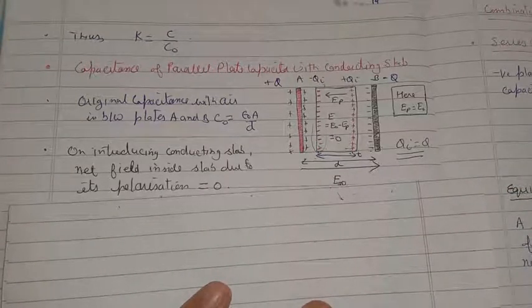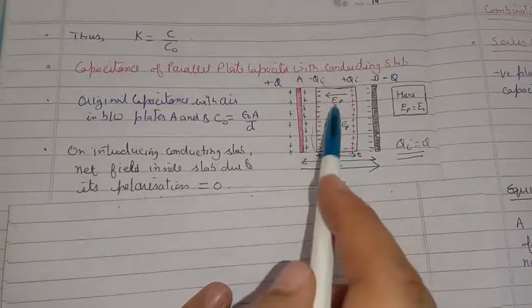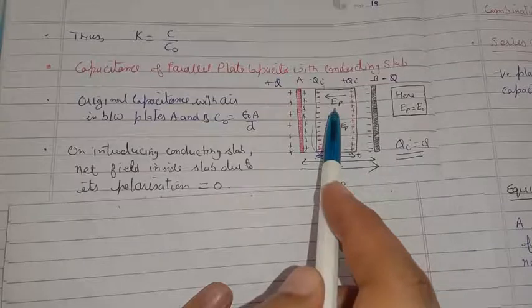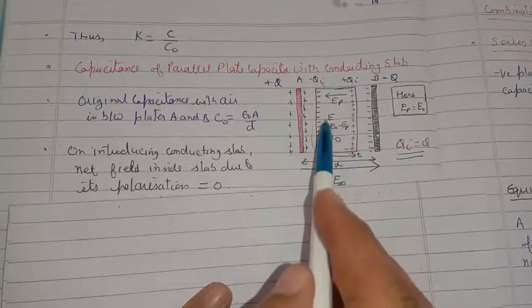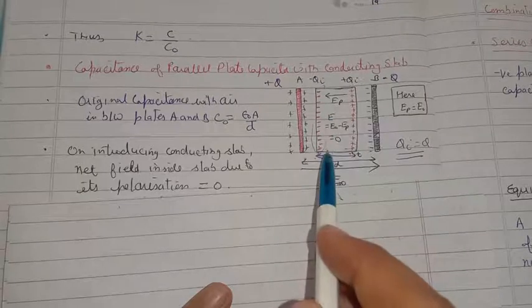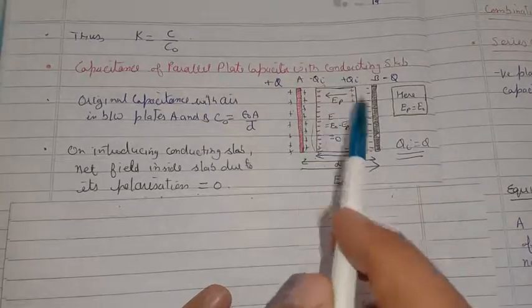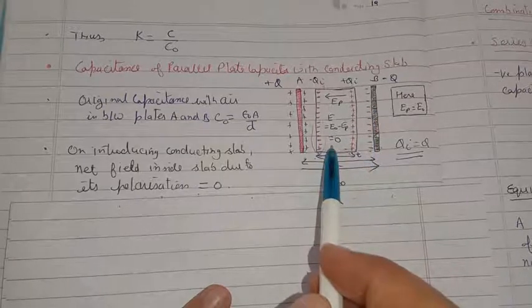So due to this, when polarization of the slab takes place, it produces its own electric field. The net value of the electric field inside the conducting slab, which is the difference of the applied field and the electric field due to polarization, is totally reduced to zero. Reason?